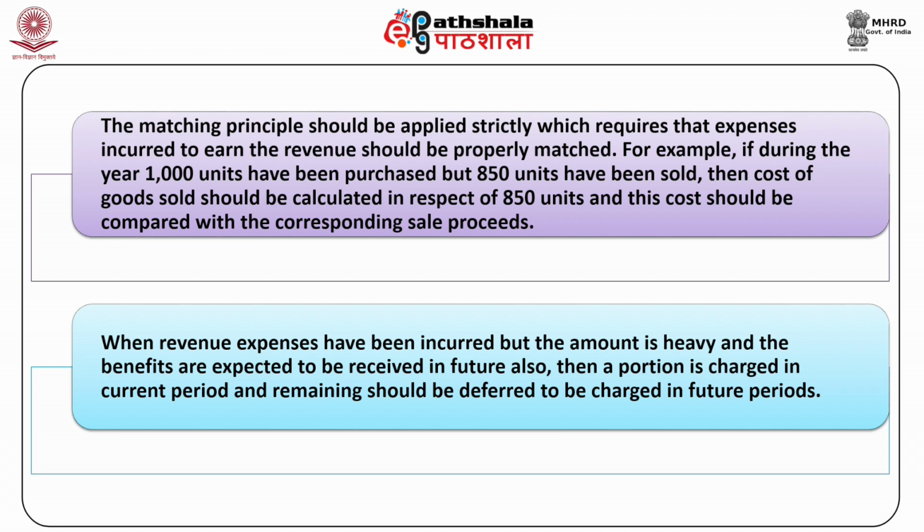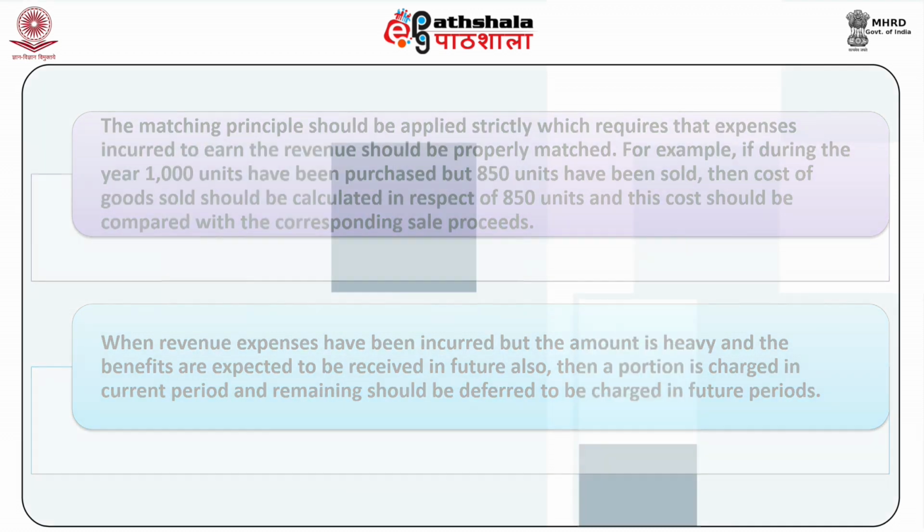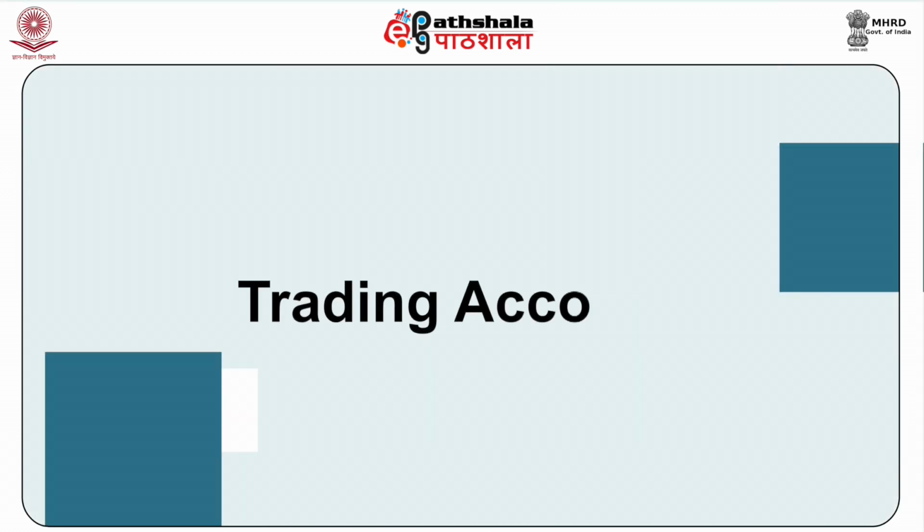When revenue expenses have been incurred but the amount is heavy and the benefits are expected to be received in future also, then a portion is charged in current period and the remaining should be deferred to be charged in future periods.